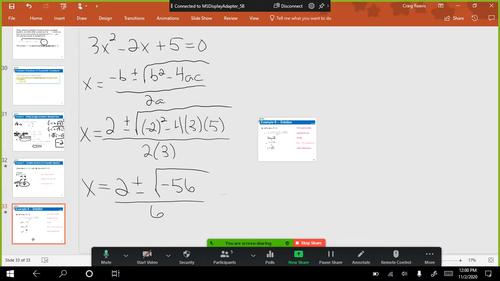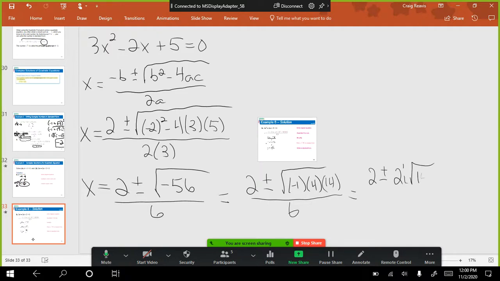So what's happening here is we've got 2 plus or minus the square root of negative 1, and then 56 will break down to 4 times 14, over 6. You've got to remember how to simplify square roots. And so that's going to be 2 plus or minus: the square root of 4 is 2, the square root of negative 1 is i, and then we're left with the square root of 14, over 6.